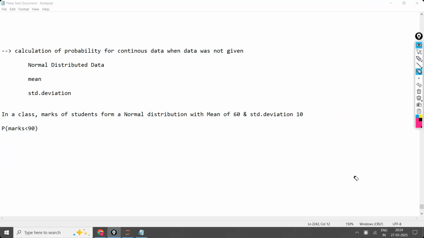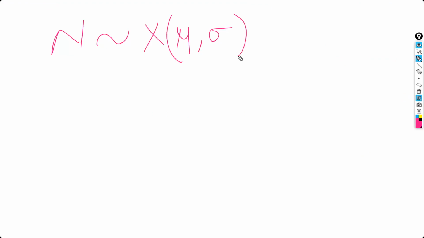Now, first I'm going to draw the normal distribution. Any normal distribution is characterized by, or represented by, mu and sigma. Please don't write notes simultaneously, just focus clearly.